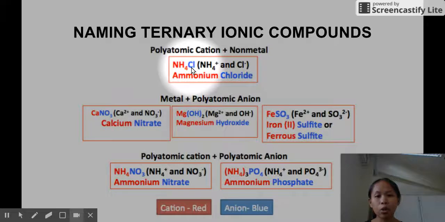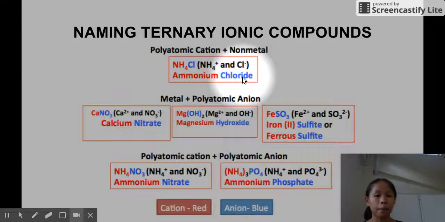Since it's a monoatomic nonmetal, chlorine has to end in IDE, so it will become chloride. It's the same as the binary ionic because you're dealing with a monoatomic anion written last, so you need to let it end in IDE.